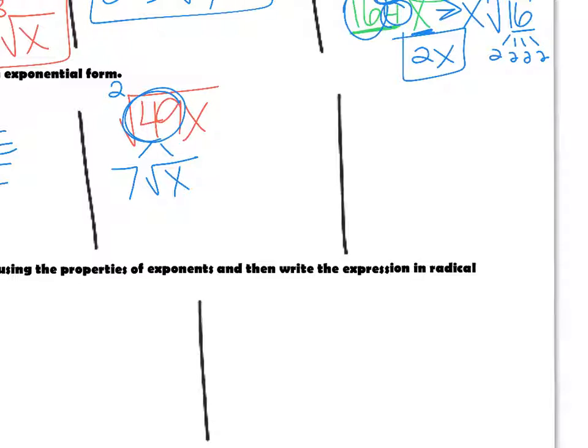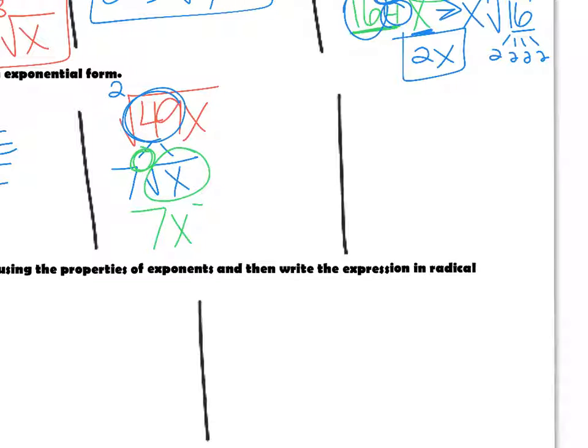So whenever I'm writing my number in exponential form, nothing's going to happen with the 7 because it doesn't have any kind of weird exponent. It's just a 7. But this x, when I bring it out from under the radical sign to write it into exponential form, the base stays the same. The x stays the same. For the fraction, I need exponent over index.